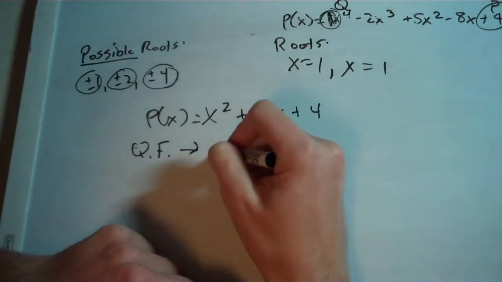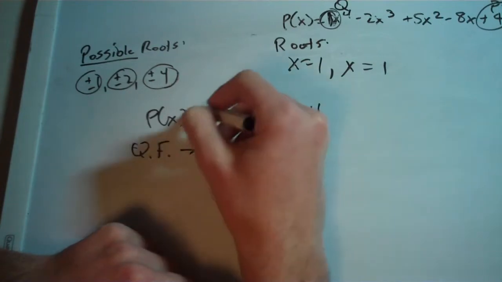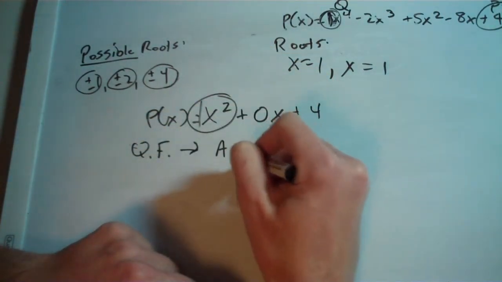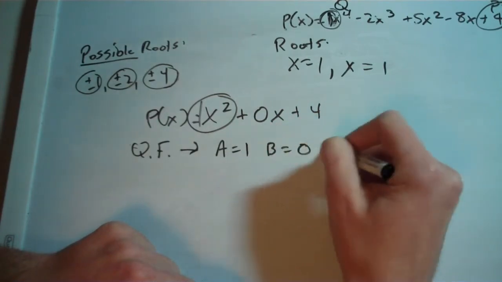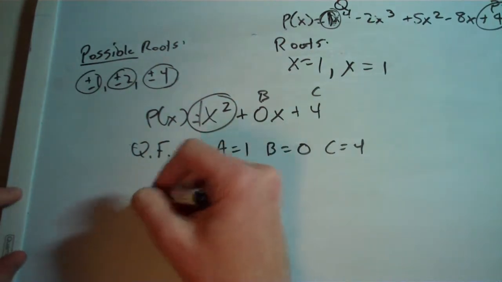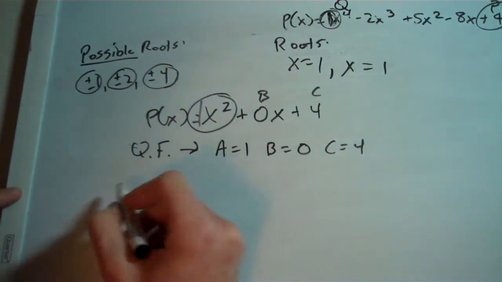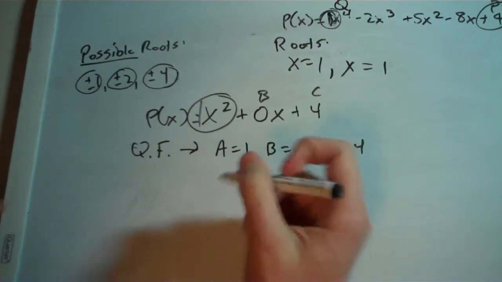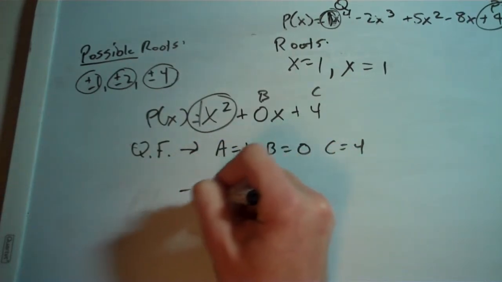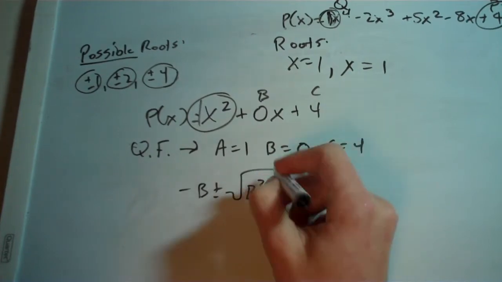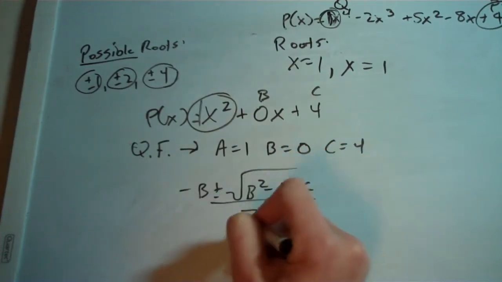And how we do this is we come up with an a, which is going to be our first variable, which is 1. B is 0, and C is 4. A, B, C. That's how you find that. And the quadratic formula is negative b plus or minus the square root of b squared minus 4ac, over 2a.